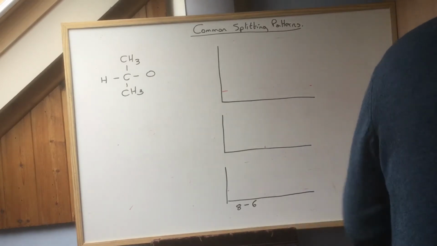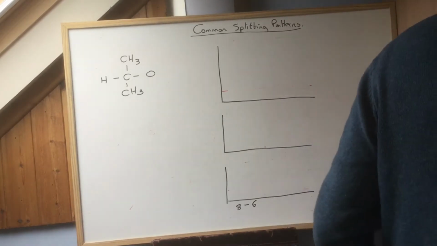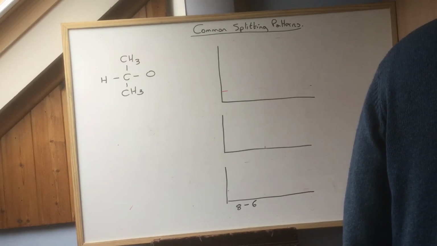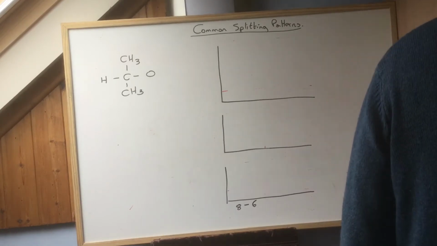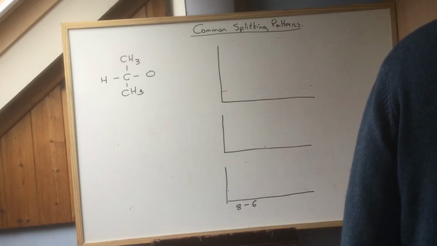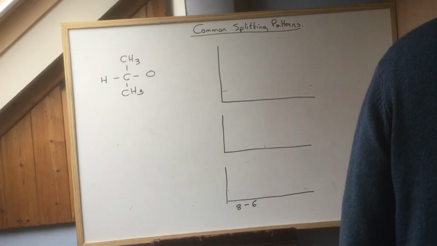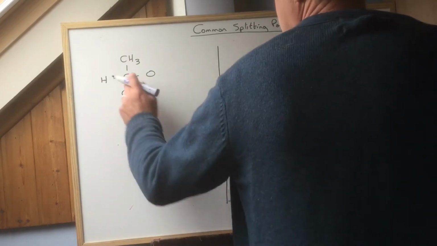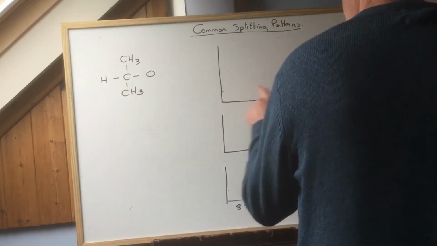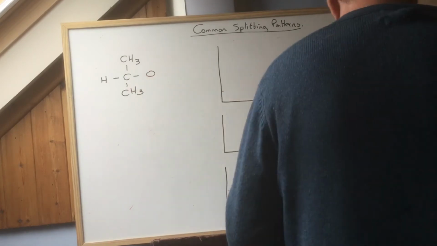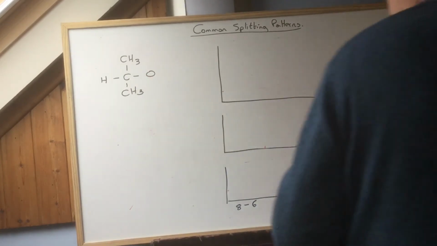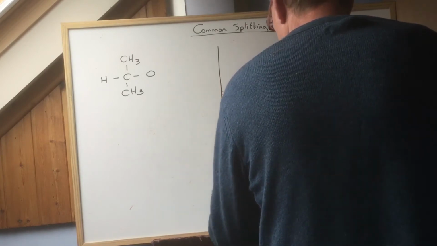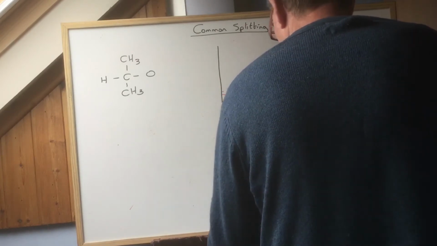Chemical shift, HCO. Right, so these here, again, I'm not going to bother with the chemical shifts, I'm not interested, so we'll just do a baseline and then let's see whether you can see. But I always forget the baseline, and a baseline there, and a baseline there, and a baseline there.